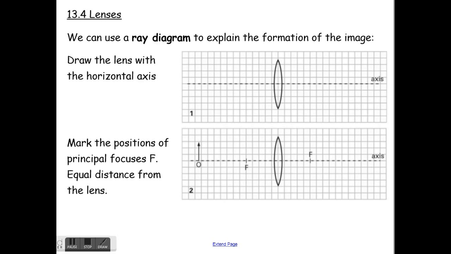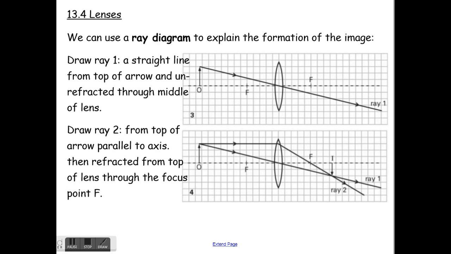Now we have our object, O, and we draw this line straight up. This line should meet with the top of the lens. Then we draw our first ray from the top of our arrow through the center of our lens, and then we just keep going.